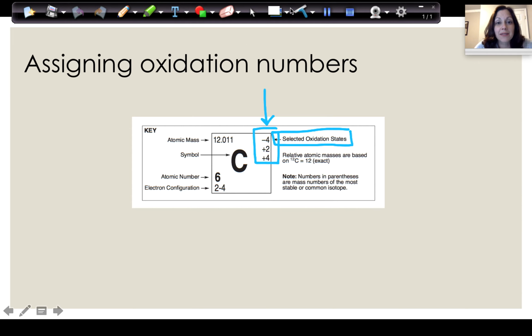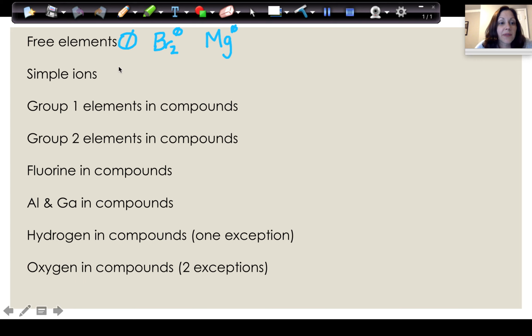The next thing is that we have some rules for assigning oxidation numbers. For free elements, we assign the oxidation number as 0. For example, if we have Br2, the oxidation number is 0. Or if we just have Mg, the oxidation number is 0. The important part is that the element has to be written by itself with no charge associated with it, and that would mean that its oxidation number is 0.